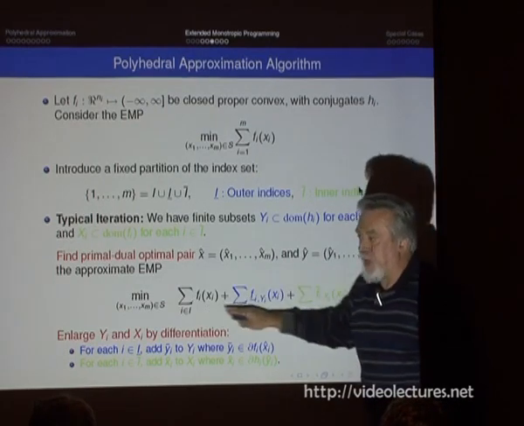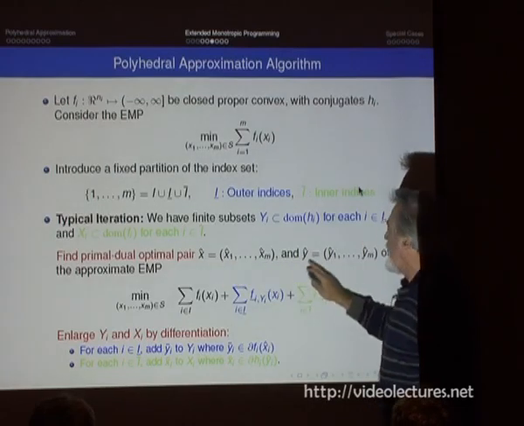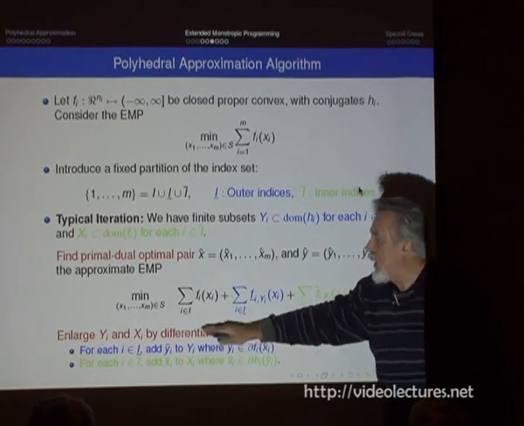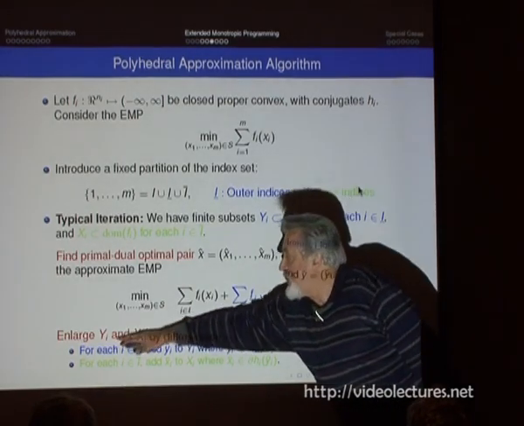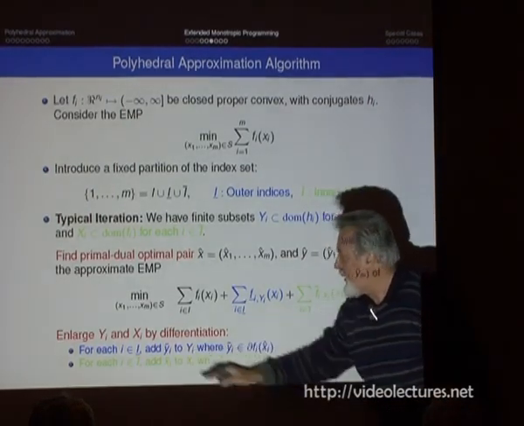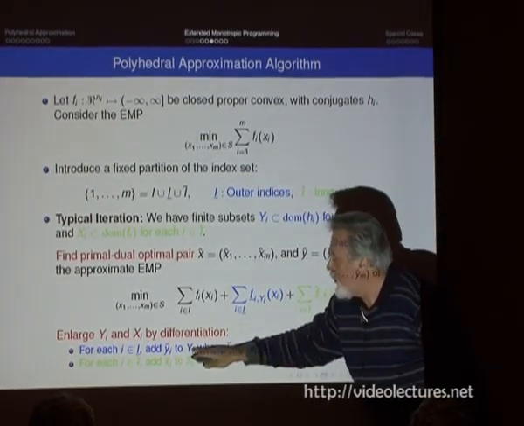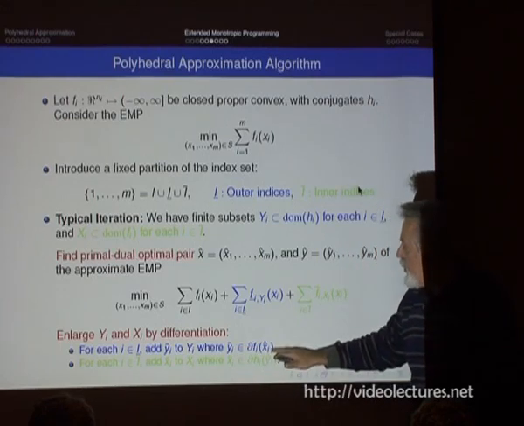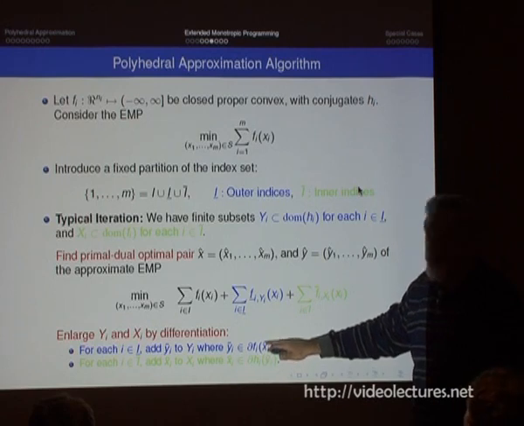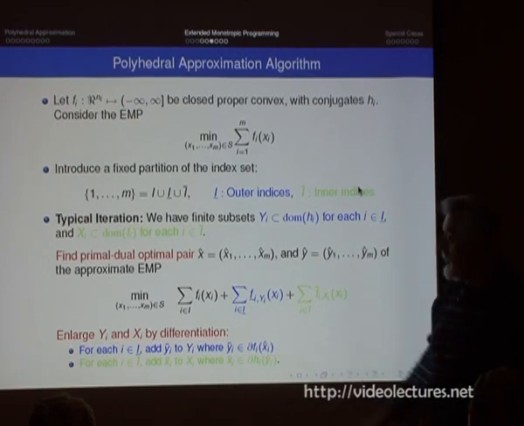We solve this problem, find an x hat and y hat that are an optimal primal and dual pair, and now we enlarge the sets X and Y by differentiation. For each blue set, we add a slope to Y, where this slope is obtained by differentiating the corresponding component at the solution term.